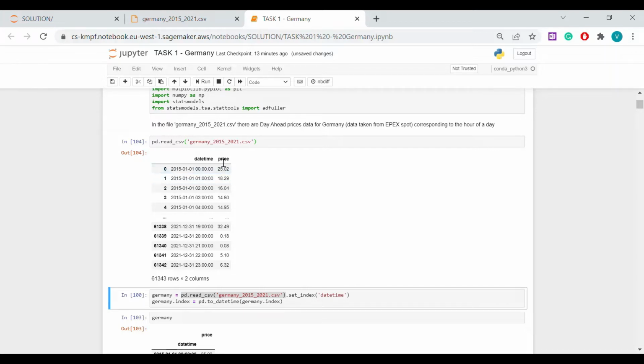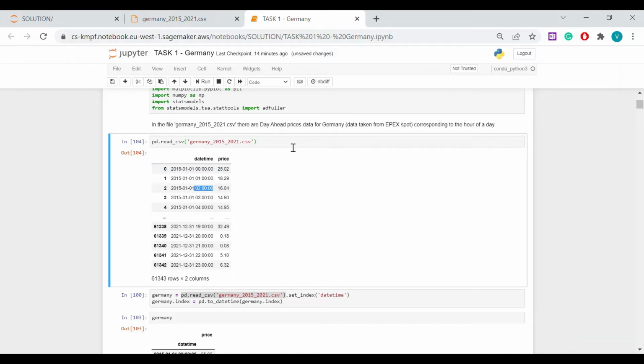We have in the third column the price of the electricity, and in the column datetime we have the timestamp corresponding to the price. Also, we can notice that for each day, we have 24 hours with the 24 corresponding prices.